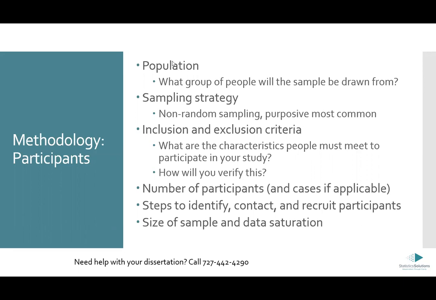If you go that route, I recommend creating a brief screening survey. They can scan the QR code, answer a few questions related to your inclusion or exclusion criteria, and then you on the back end can look at that survey, and based on the responses, you'll know if this person should be included or not, and you can reach back out to them.